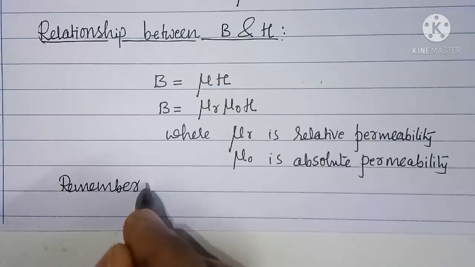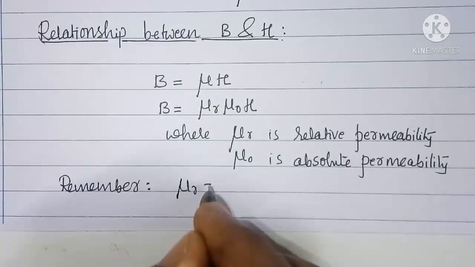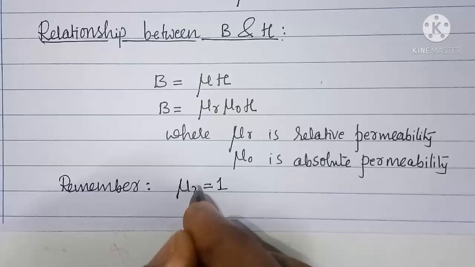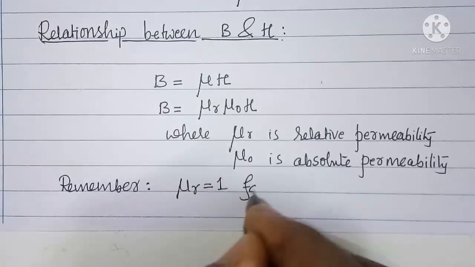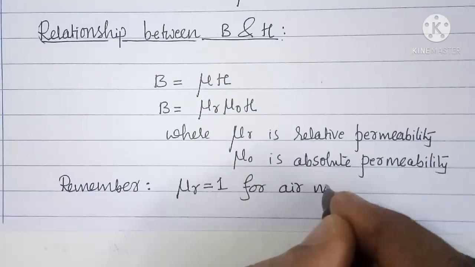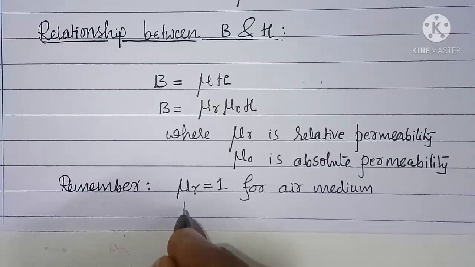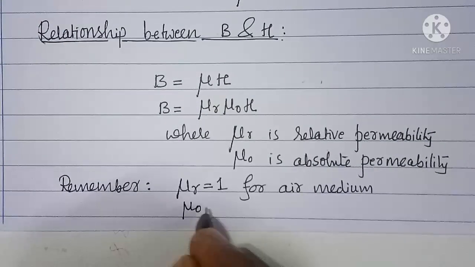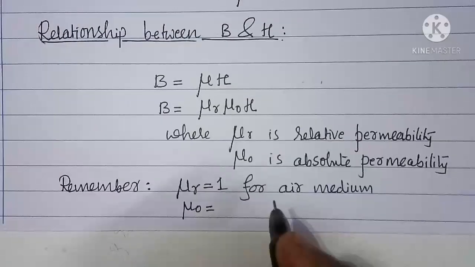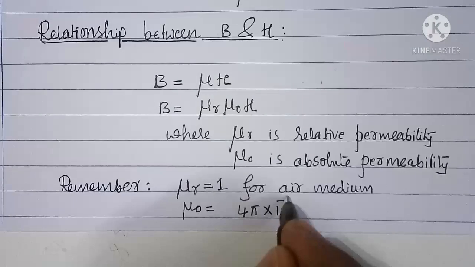Remember, mu R is equal to 1 for air medium and mu naught has constant value equal to 4 pi into 10 raised to minus 7.